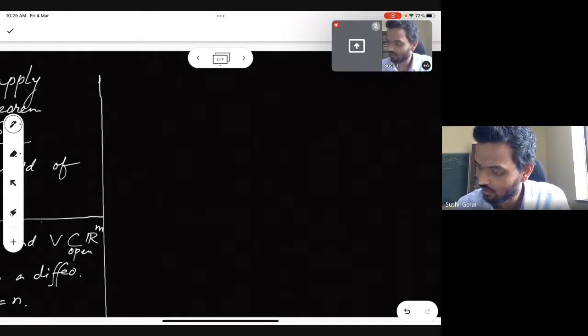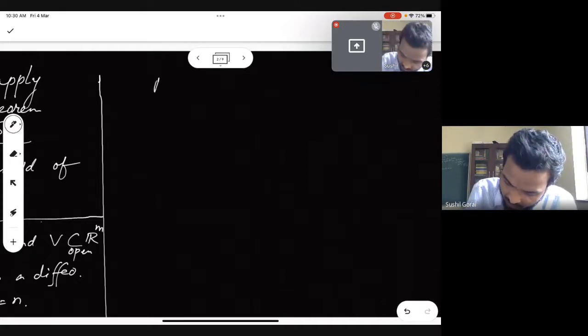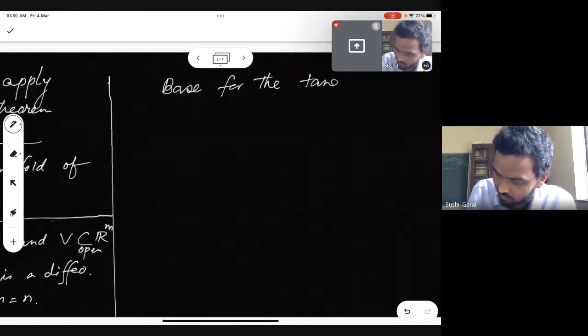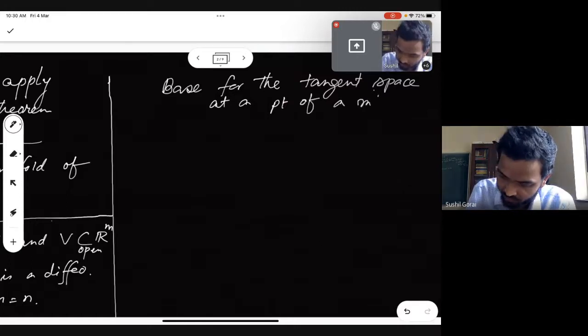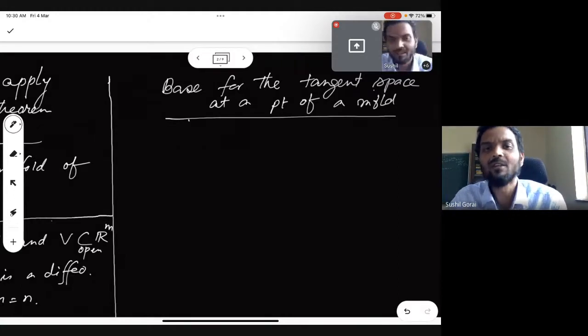All right. So next one, we look at the basis for the tangent space at a point of a smooth manifold, right? Now, what is the basis for a manifold?